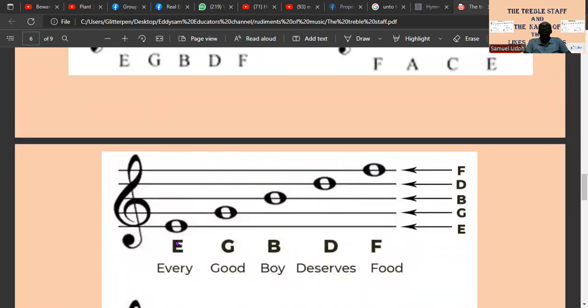E stands for every, G stands for good, B stands for boy, D stands for deserves, F stands for food. So we have every good boy deserves food. Or you can decide to use every good boy deserves favor. Every good boy deserves Fanta. So this is how we can easily remember the names of the notes on the lines.